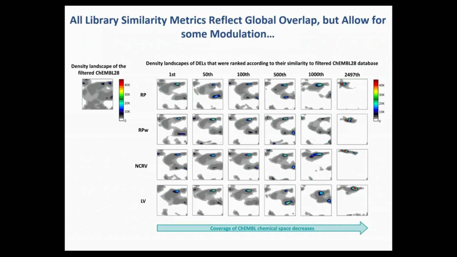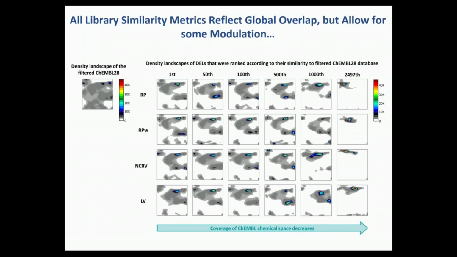But no matter what metric you use, you observe that the main contribution to these scores is the overlap, the commonly shared chemical space. So all the first ranked DELs have a significant degree of overlap with the Campbell landscape. The latest of the DELs are rather small and they don't overlap a lot.